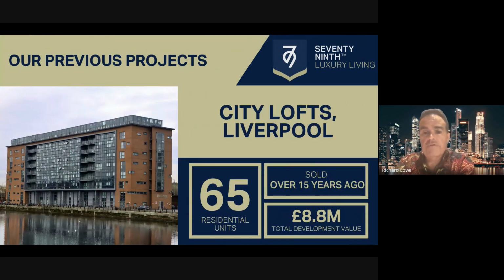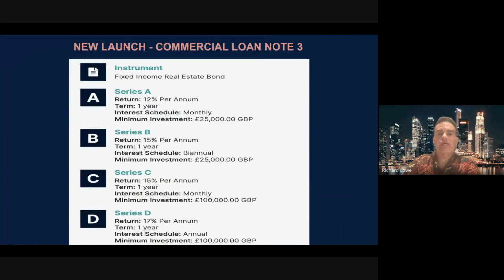And this is an example of 65 units with a total GDV of 8.8 million. This is the latest property bond, and basically there are 4 different options, or 4 different series as they're called.